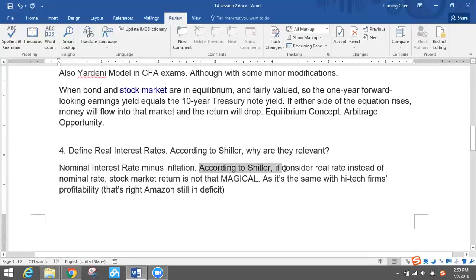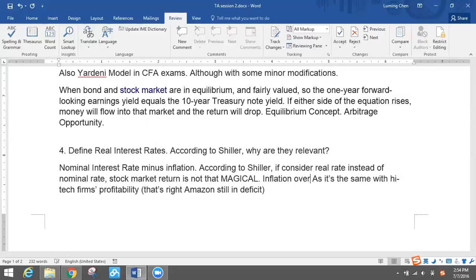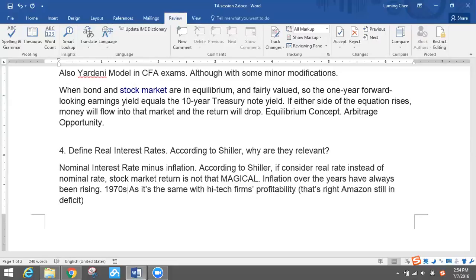According to Shiller, if we consider the real rate instead of the nominal rate, the stock market return is not that magical, because inflation over the years has always been rising, especially in the 1970s, the oil crisis.